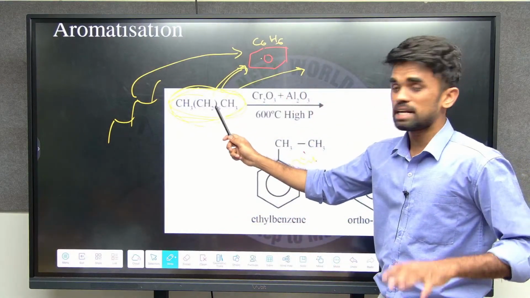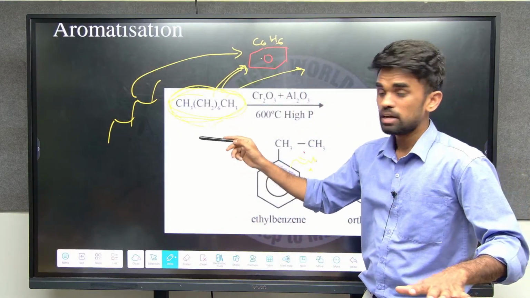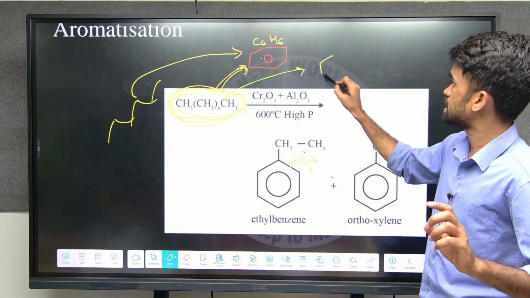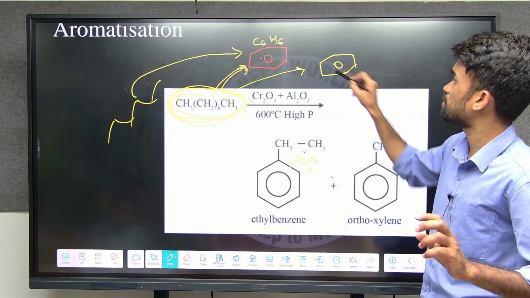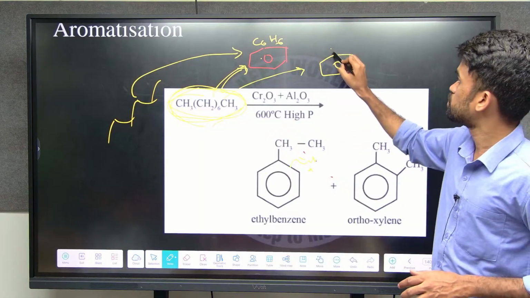If the starting material contains 7 carbons, heptane, here also first it will form a benzene ring. The extra carbons you put here as a methyl group.